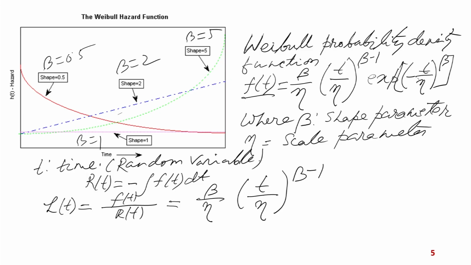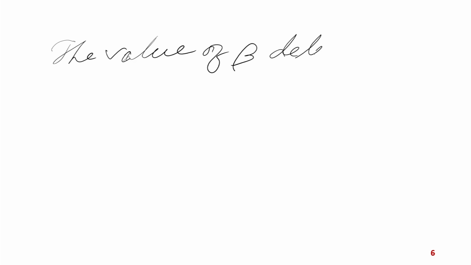So, now you see how it is used. I will write it here: the value of beta determines failure rate behavior.